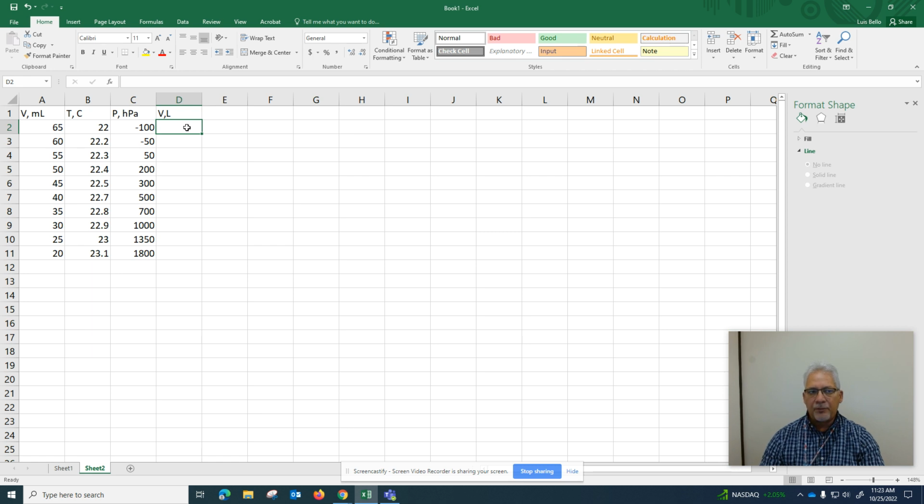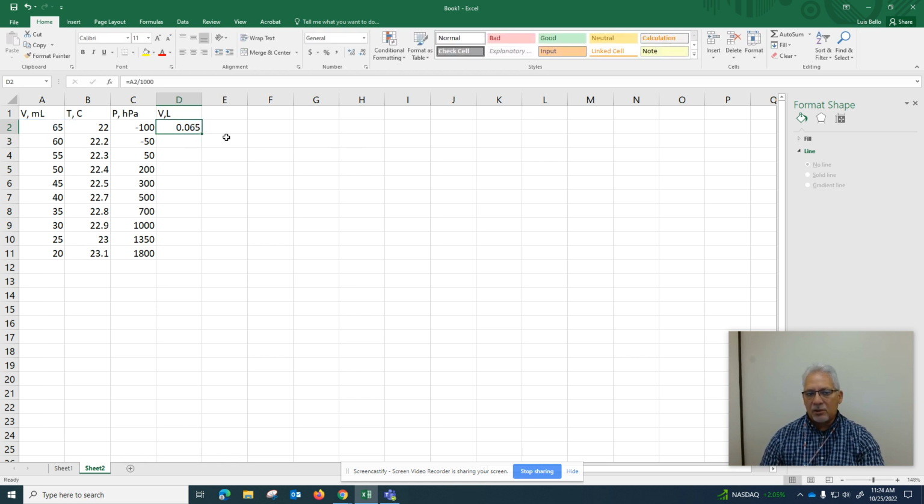I know that 1 milliliter equals 10 to the negative 3 liter, so I can divide milliliter by 1000 and that will give me liter. I'm going to write equal, an equation, take the milliliter and divide by 1000, and that will be my first calculation.